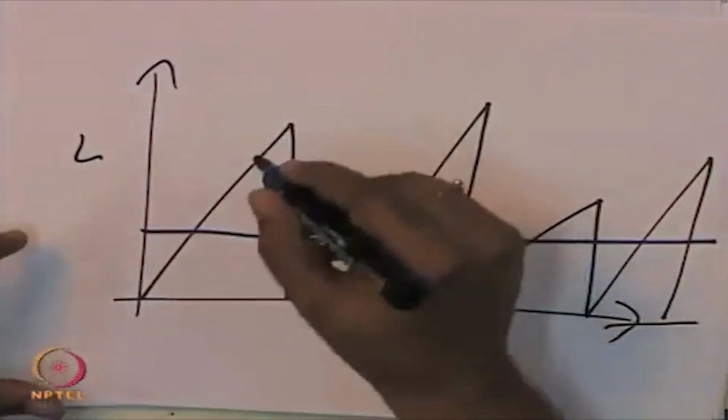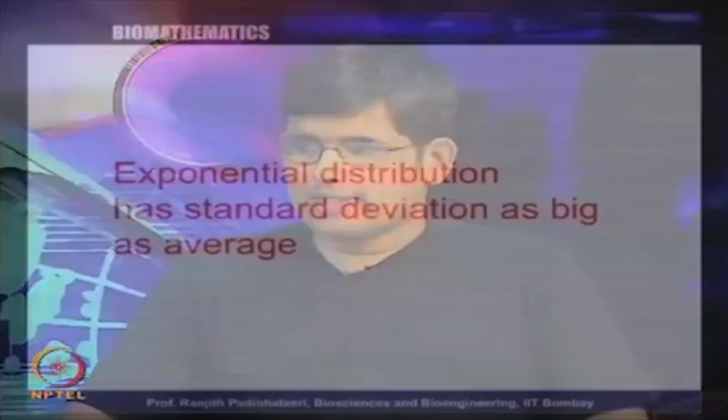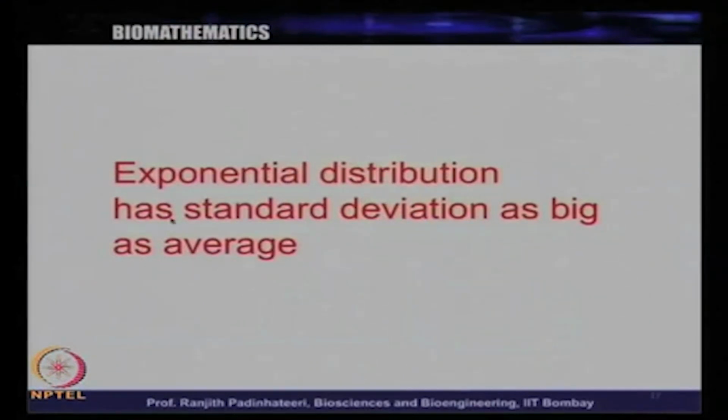So, the standard deviation is as big as the average. This is a property of an exponential distribution, that the standard deviation is as big as the average itself. So, dynamic instability has this property that the length deviation is as big as the average itself.